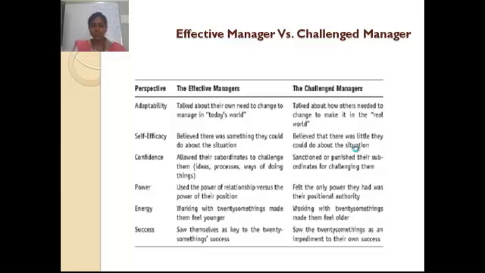Now, what is the difference between an effective and a challenged manager? The effective manager is somebody who can adapt, who has self-efficacy, who has confidence, who knows the nature of power to be used, also has the energy, and believes that the success of the Gen Y lies in their hands. The challenged manager, in essence, talks not about how they can adapt to the situation, but how the other millennials or other generation employees need to adapt to their way of working.